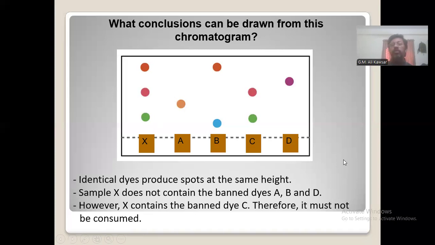Otherwise, as it contains banned dyes like C, we cannot consume it because it won't be good for our health.